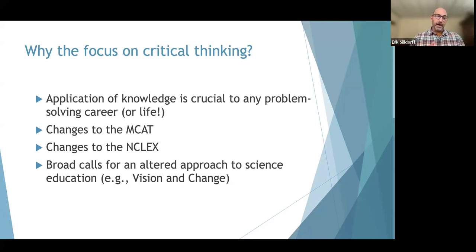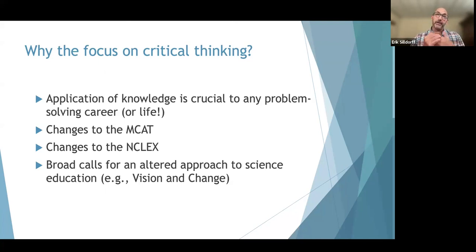There have been changes to the MCAT, the medical school admission test. In 2015, they revised the exam and added a section called CARS, the critical analysis and reasoning skills, where students have to read a scientific passage, often including data, and they have to reason both within that information and also outside of it to answer questions.